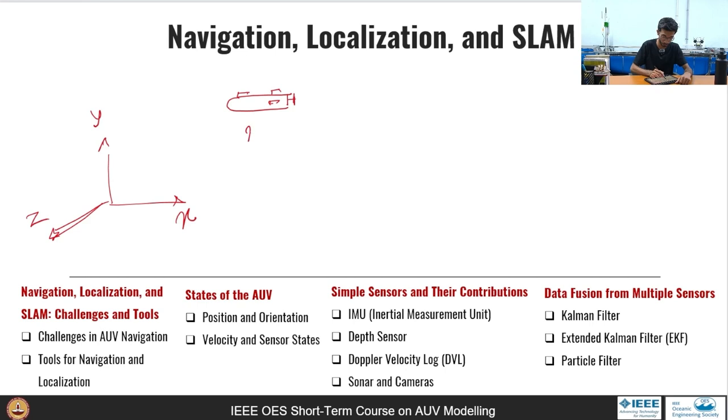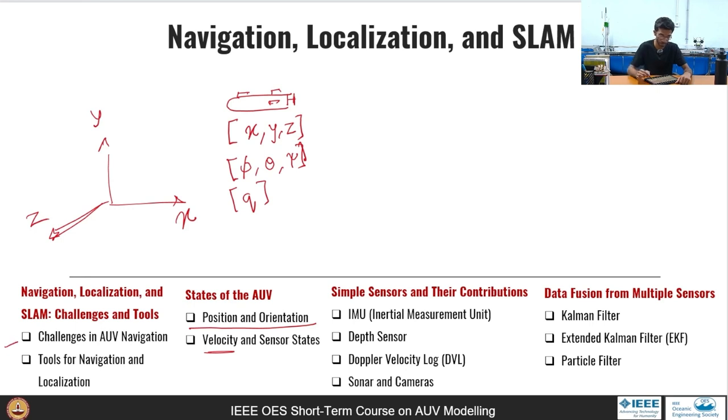It needs to know its X, Y, Z position coordinates as well as its orientation, which can either be expressed in the form of phi, theta, psi, which are the Euler angles, or it can even be expressed in terms of quaternions. These are the key states that an AUV needs to estimate to know its present state. In case of implementations of control systems, having velocity information is also very essential.